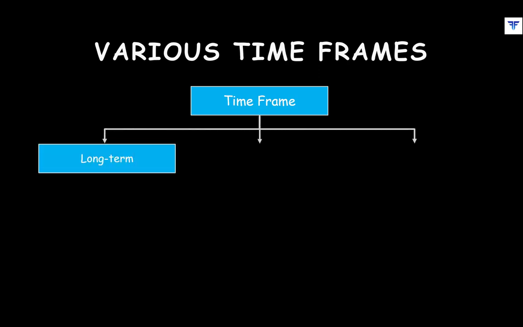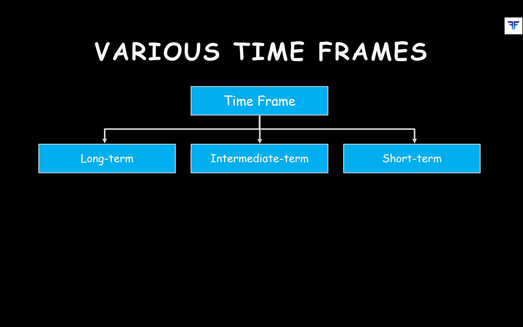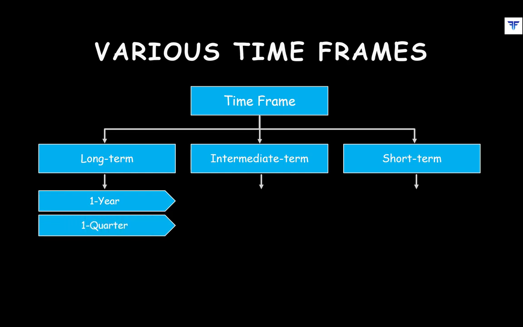A time frame could broadly be split into three categories, namely the long-term time frame, the intermediate-term time frame, and the short-term time frame. The long-term time frame includes the yearly, the quarterly, and the monthly time frame charts.